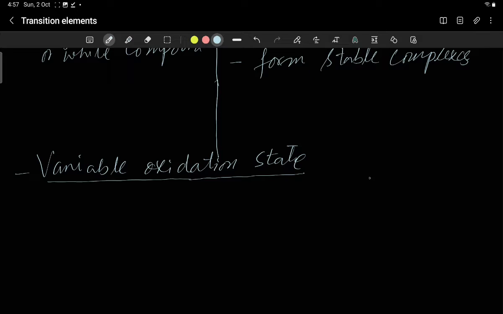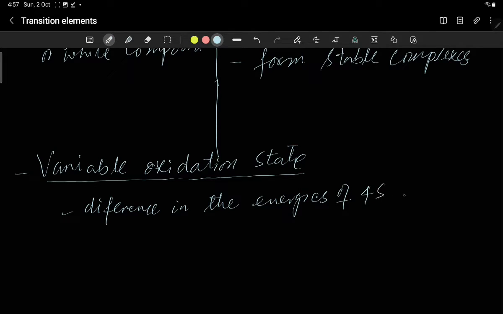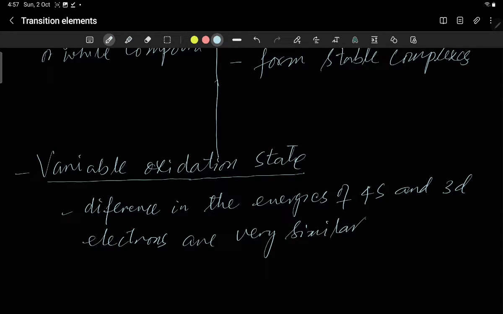This is due to the difference in the energies of the 4s and 3d orbitals being very small, so the 3d electrons are very similar in energy.